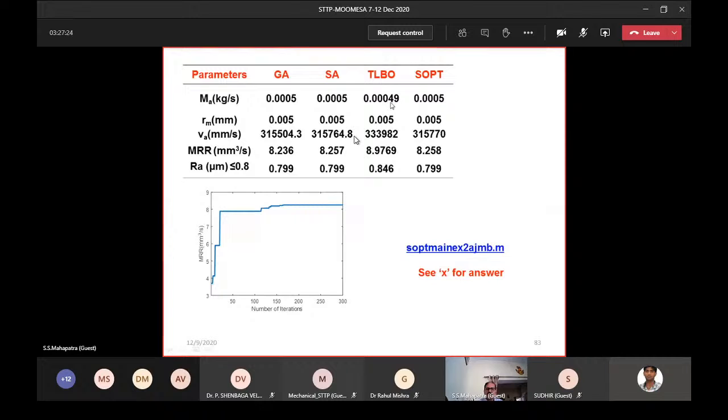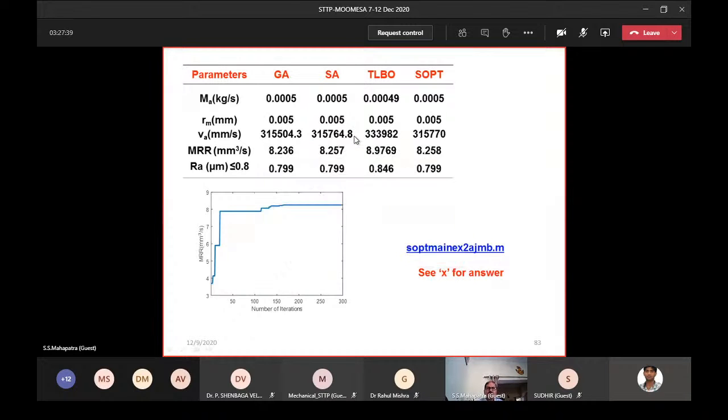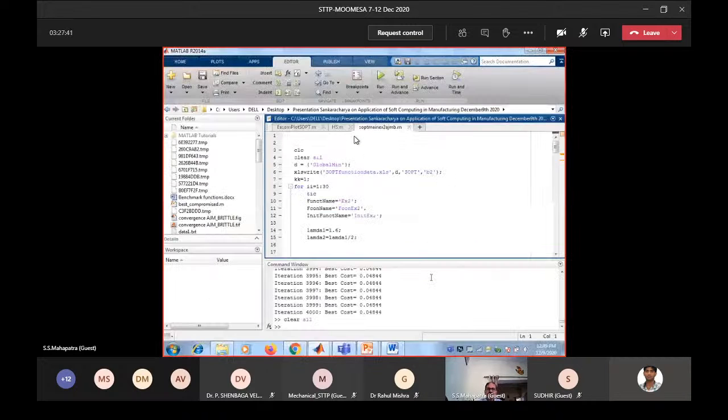So this is the program which will give you the solution using the SOPT algorithm. Now this will take a long time for solution. So let it be solved and we will discuss some other things.